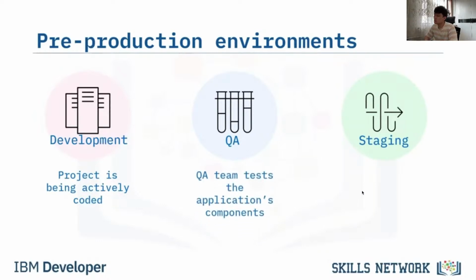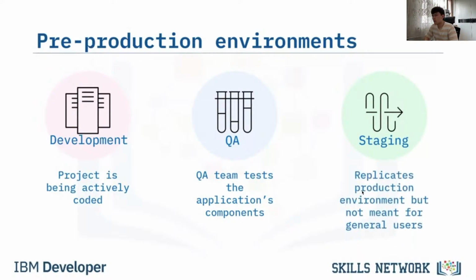The QA environment, sometimes called testing, is the environment that allows the QA team to test the application's components. The staging environment is the environment that is as close to replicating the production environment as possible, but is not meant for general users.